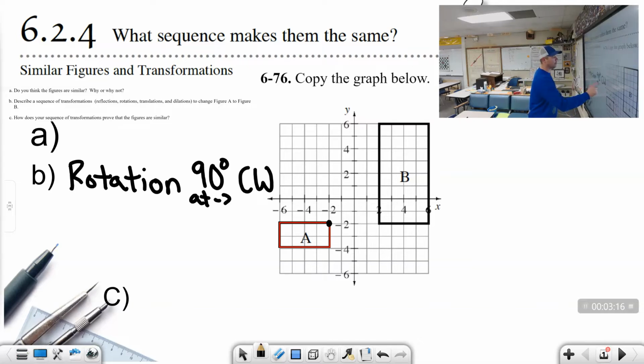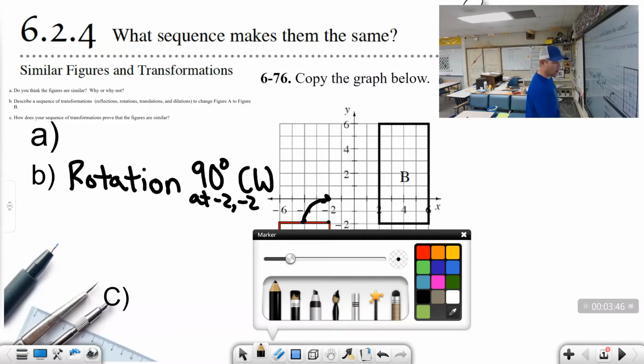At -2, -2. Now when you're doing a rotation, you need to think about where this edge is going to land. Right? If I'm going to take this 90-degree angle and I'm going to rotate it up here, 90 degrees to this line, so if that's where it's going to land, I need to think, okay, well, this long side is going to land right there.